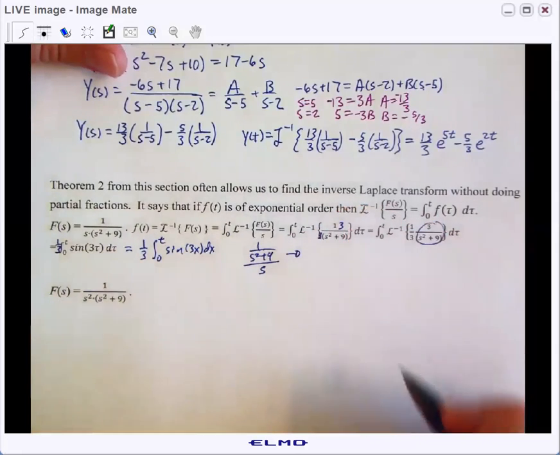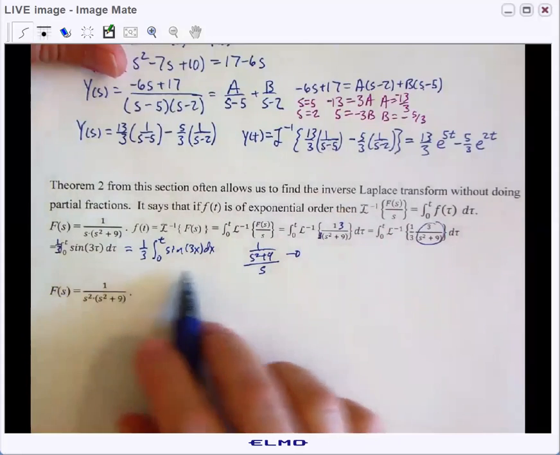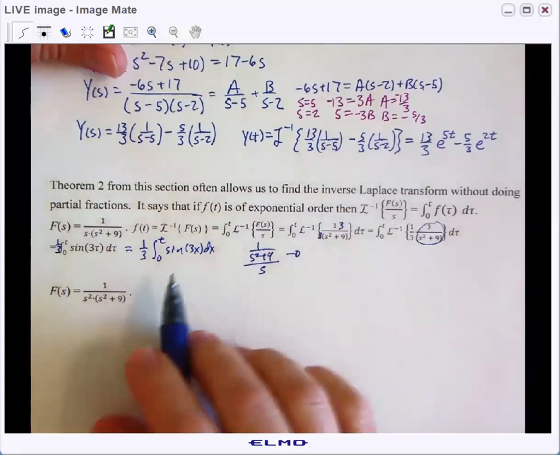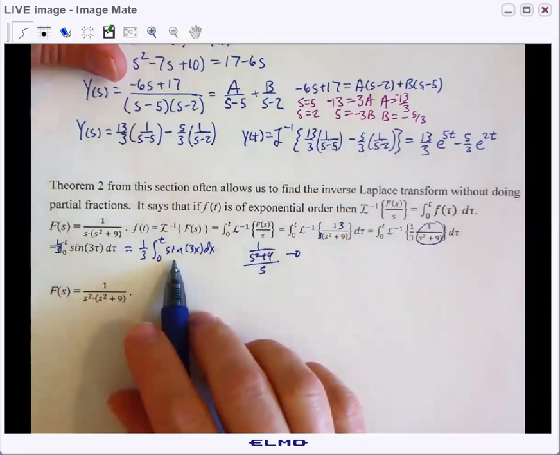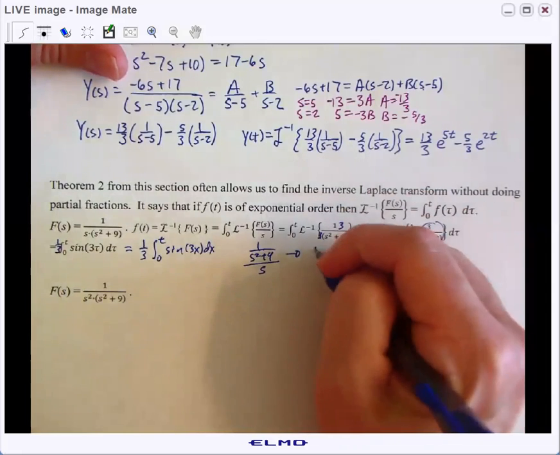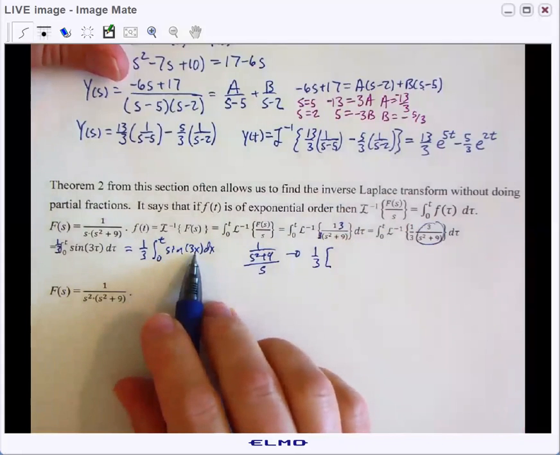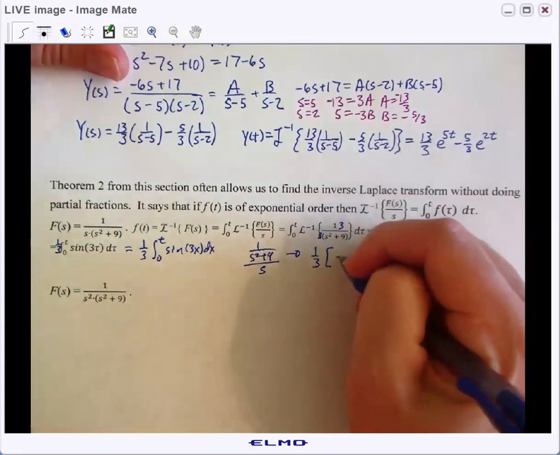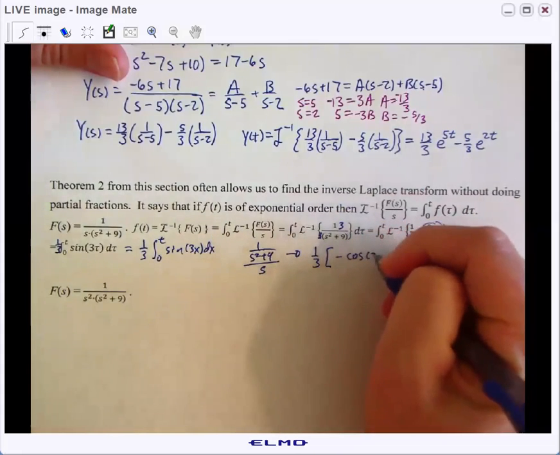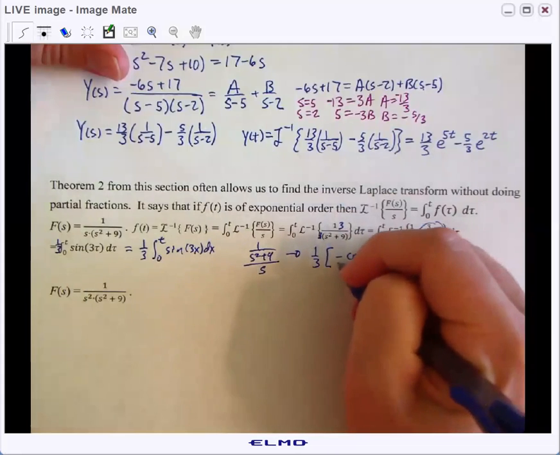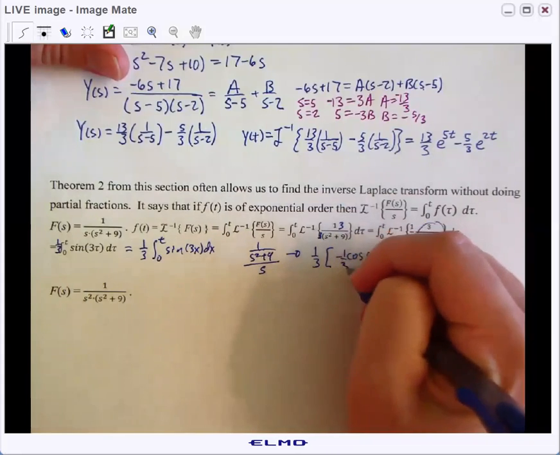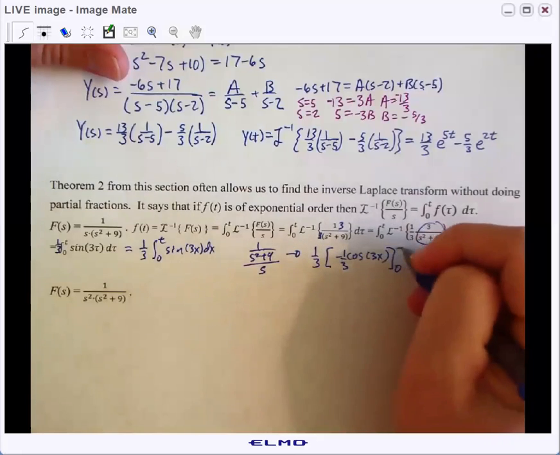And we get the integral of this. Let's find out. So we've got 1/3. The antiderivative of sine of 3x is negative cosine of 3x over 3. And we're going to evaluate that from 0 to t.